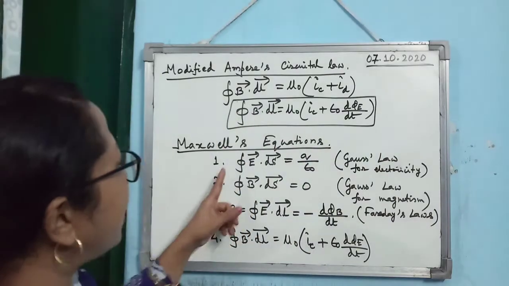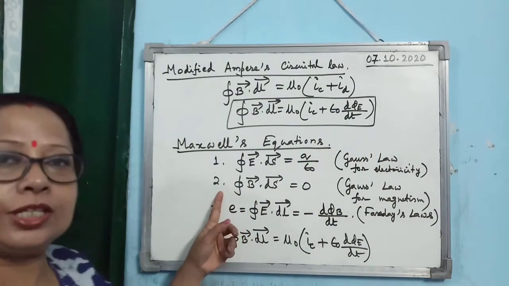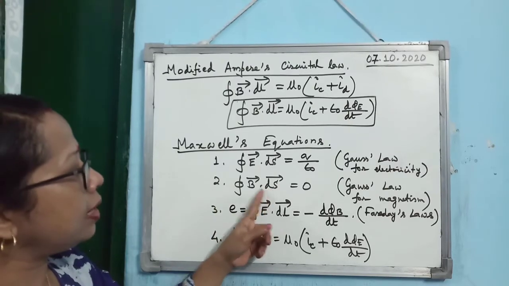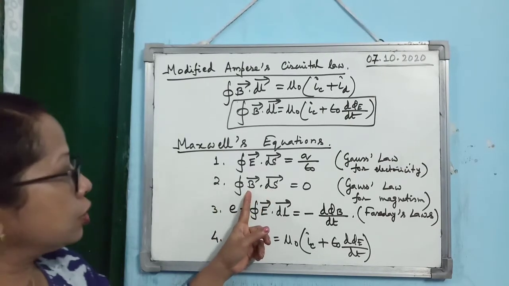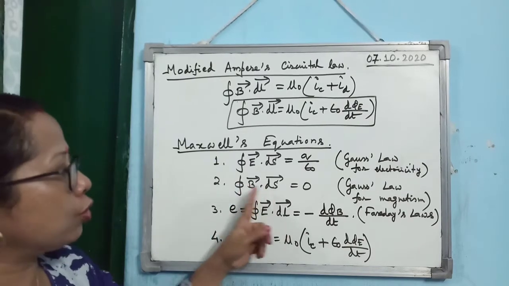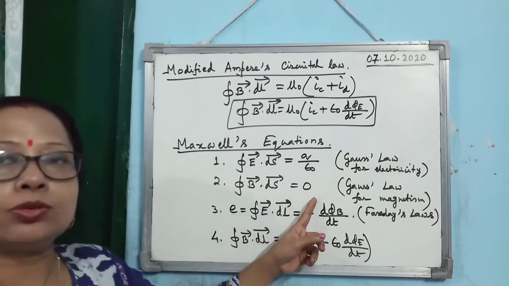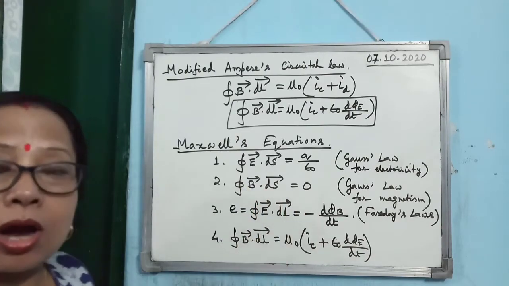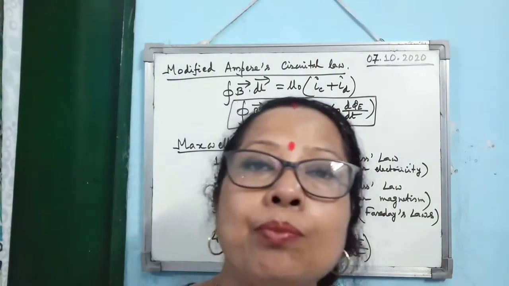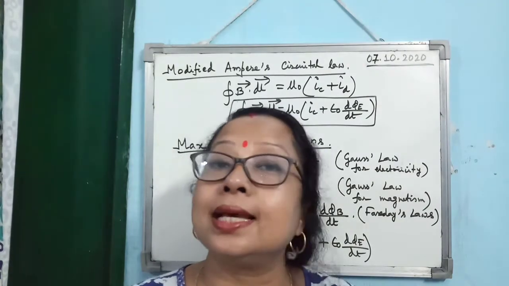Now, what is Maxwell's second equation? The surface integral of magnetic field, B stands for magnetic field. So integration B dot ds over a closed surface is equal to 0. Why is it 0? Because in magnetism, a monopole never exists.